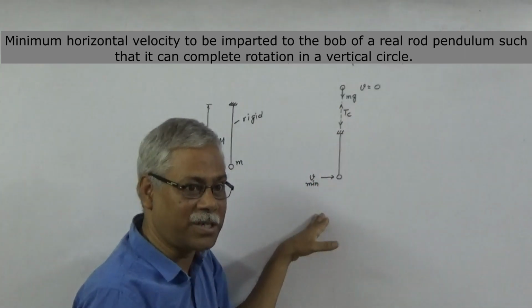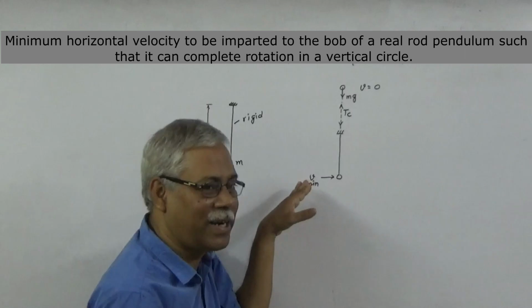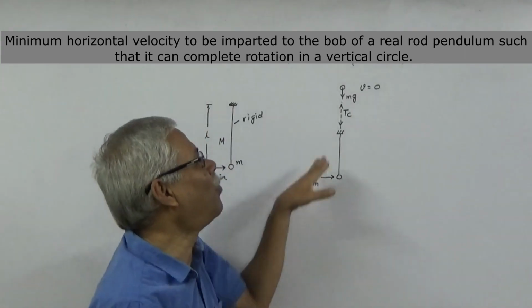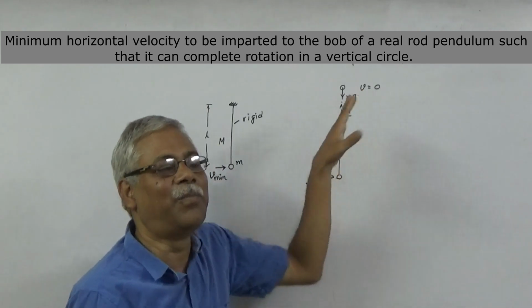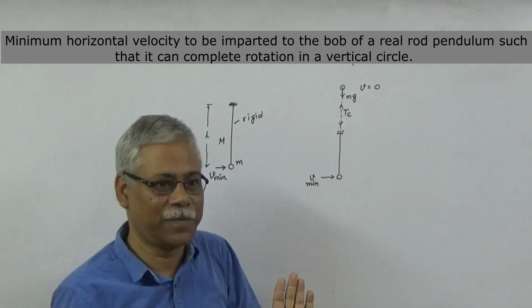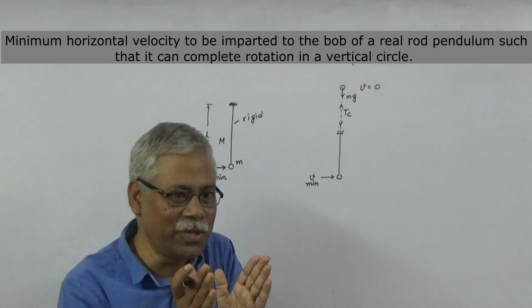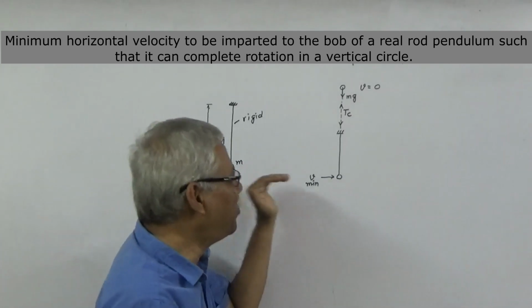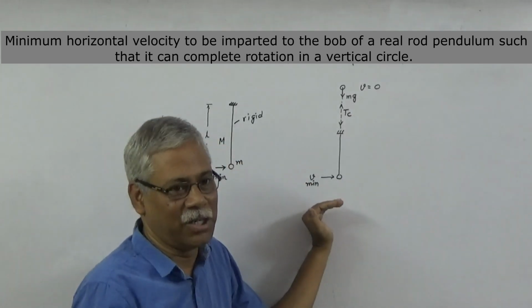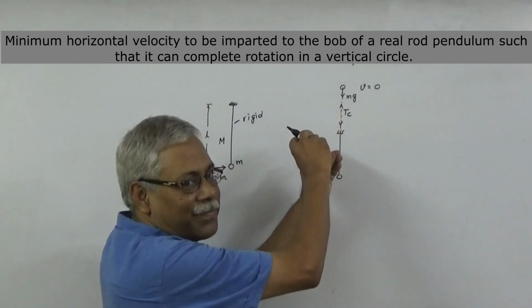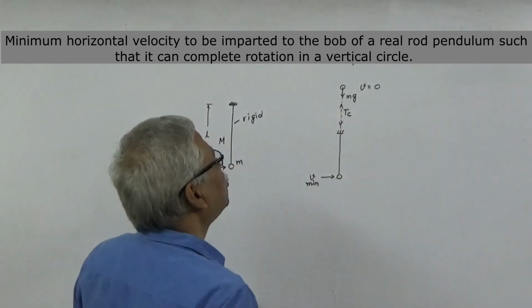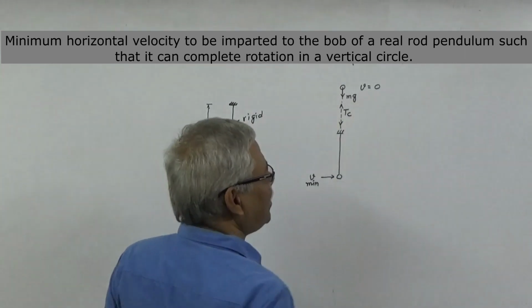If you impart a velocity greater than this value, then the bob will cross the highest position not with 0 velocity but with a velocity greater than 0. But we are considering a situation in which you have imparted minimum velocity to the bob such that it can go round this side. So at the highest point the velocity is equal to 0.